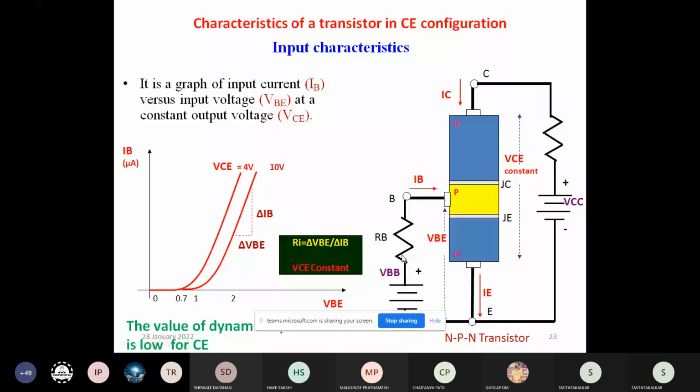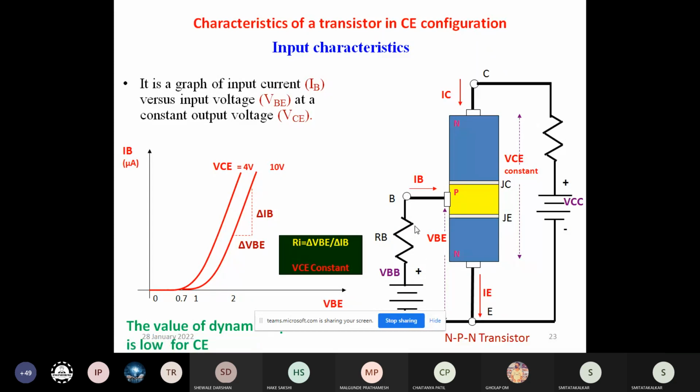The base terminal is lightly doped, so its resistance is very low, about 10 ohm or 20 ohm. Then maximum current flows through the emitter terminal, not the base terminal, because resistance is the current limiting control.